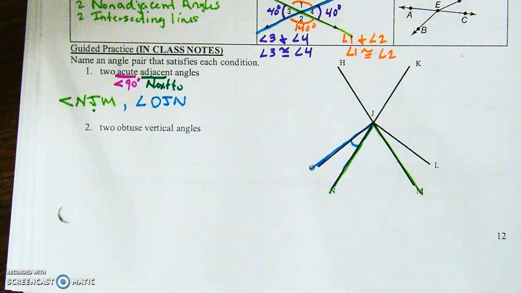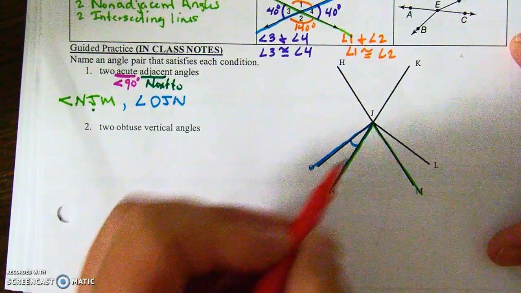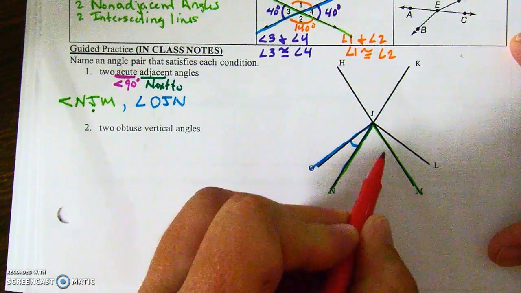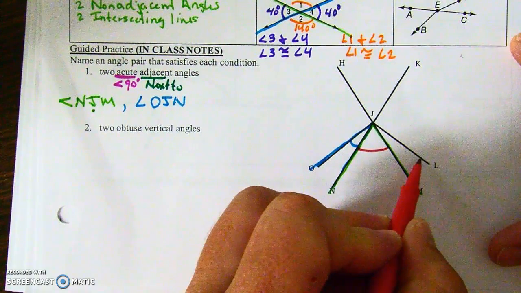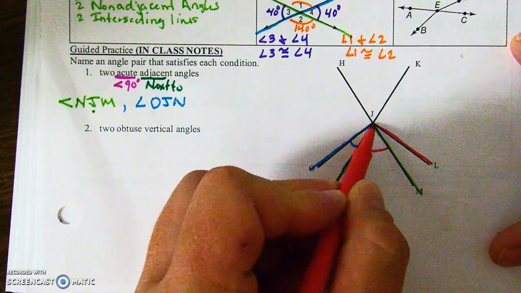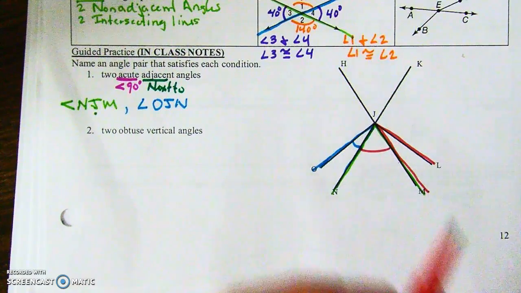But do we see any other acute angles in here that would be a possibility to consider? Yes, there is one. We identified this angle and this angle, but what about this one right here? If I were to do this one, could I have done that and got the same answer? Yes, that is true.